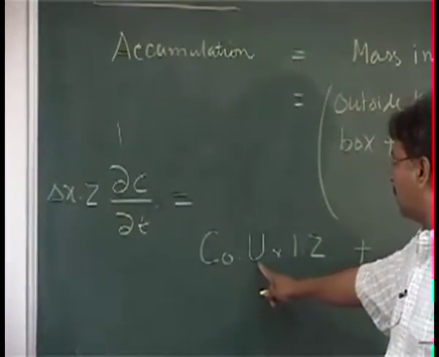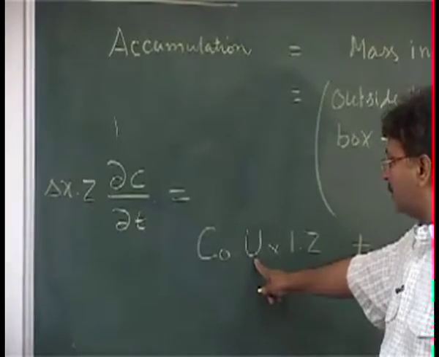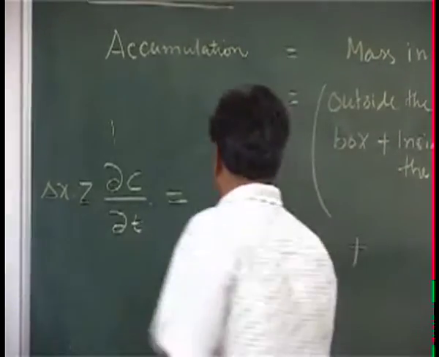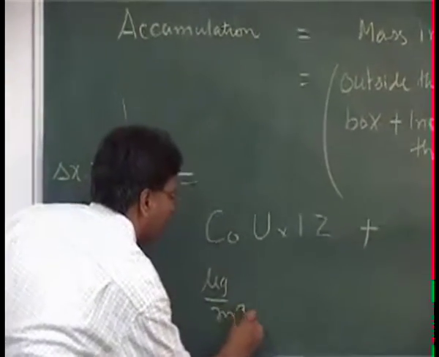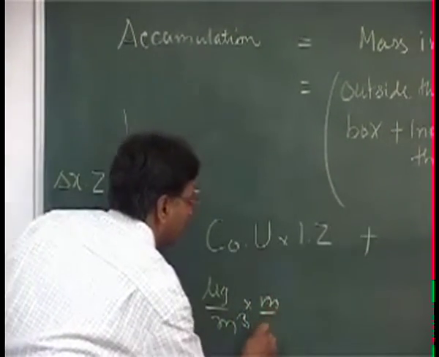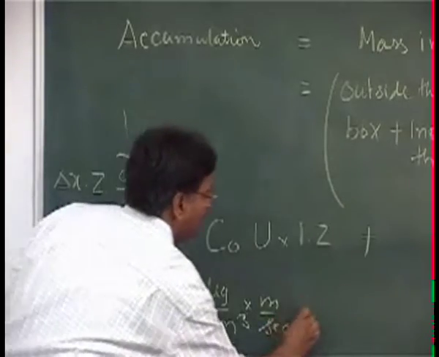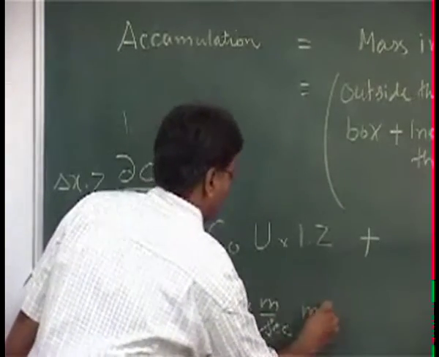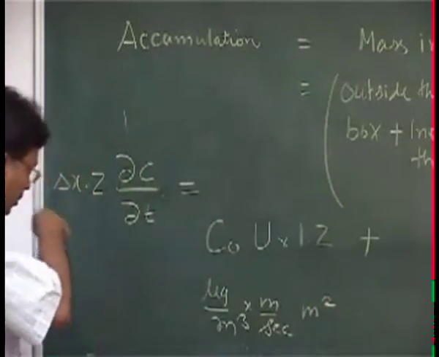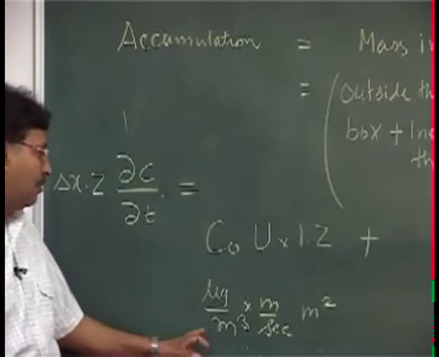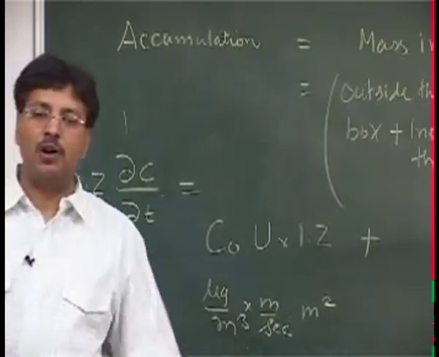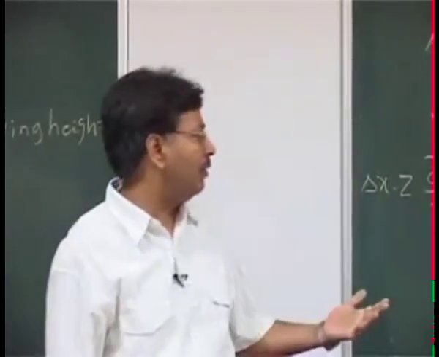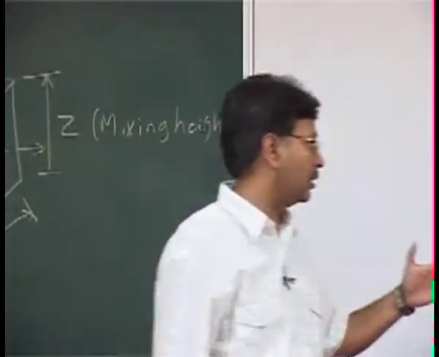Concentration, meters per second. So let's check the units. You have micrograms per meter cube, for example. This is meters per second. This is meter square. So what are you getting? Mass per time, correct? We should write them clearly. Even if you are very good, go through this.